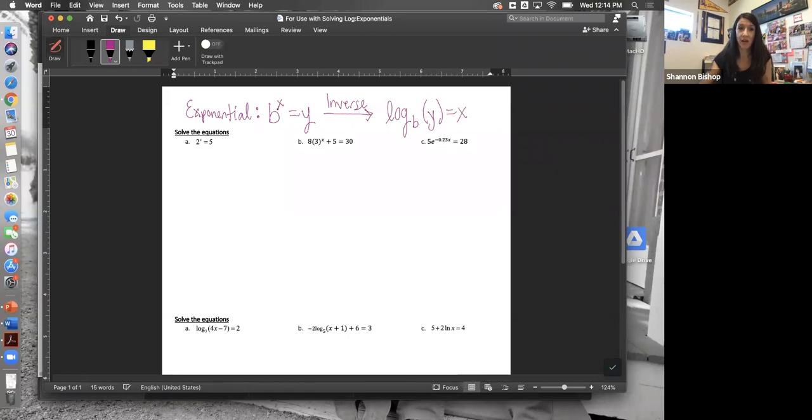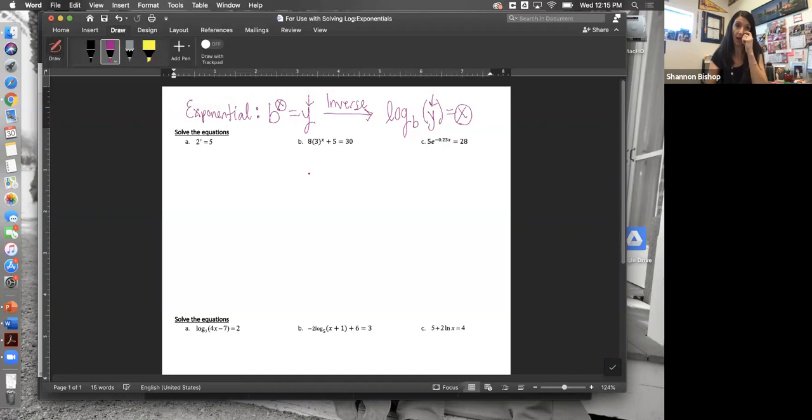So notice the exponent of the exponential is the answer to your logarithm. And the answer to your exponential is the input of the logarithm. They are straight up inverses, y'all. So here's what's really cool: you can use that inverse relationship to solve exponential equations.